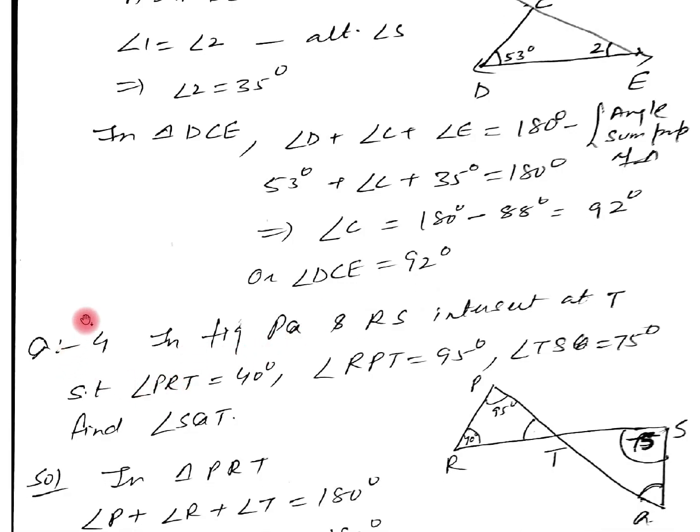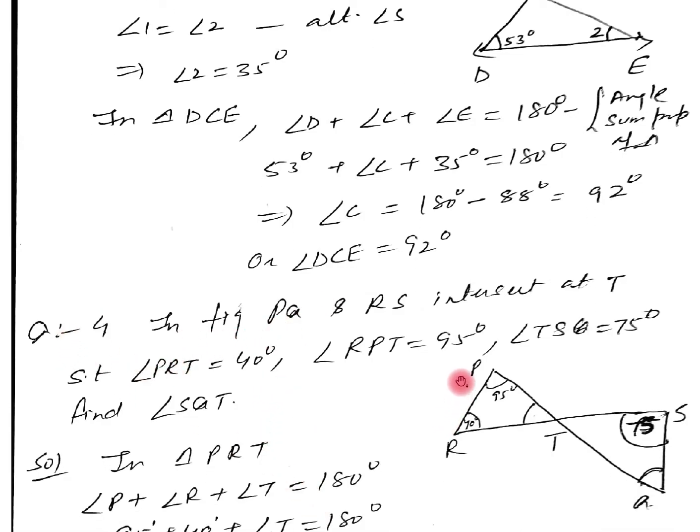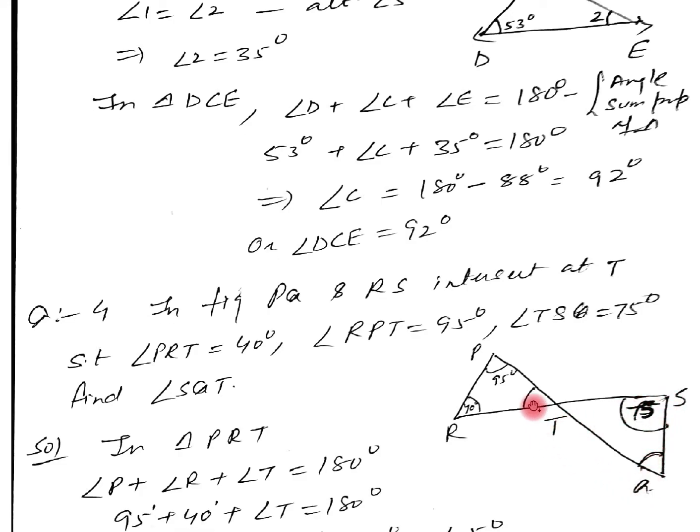Now see question number 4. In the figure, PQ and RS intersect at T such that angle PRT is 40 degrees and angle RPT is 95 degrees. We have to find out angle TSQ. Let us see this question. Now let me explain it in the figure first.